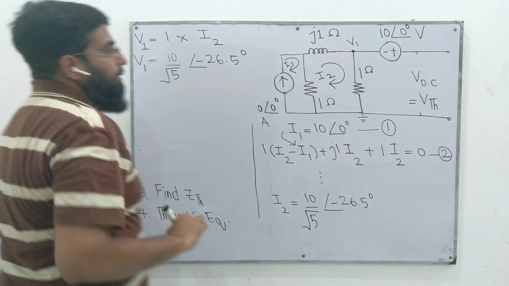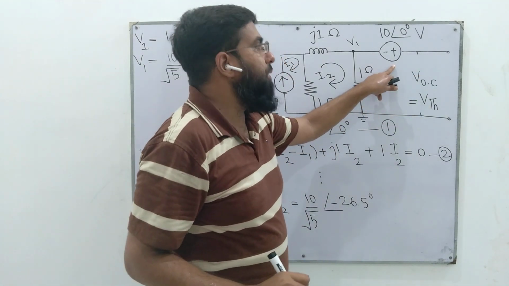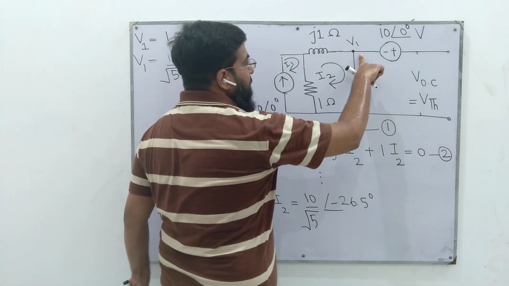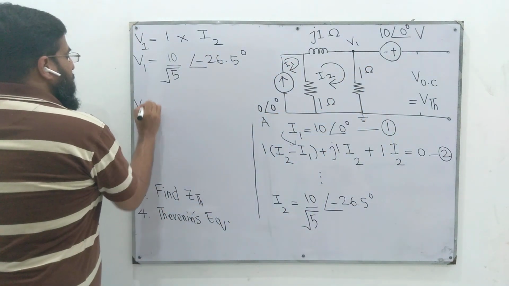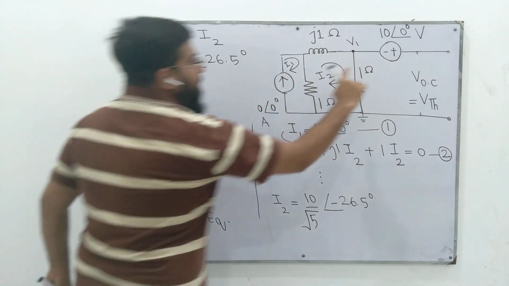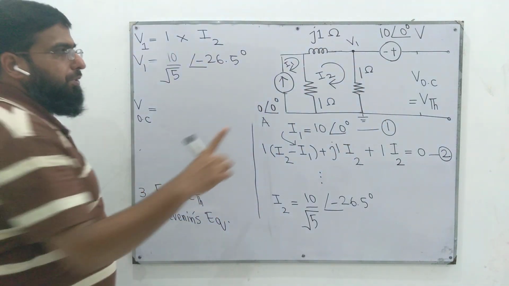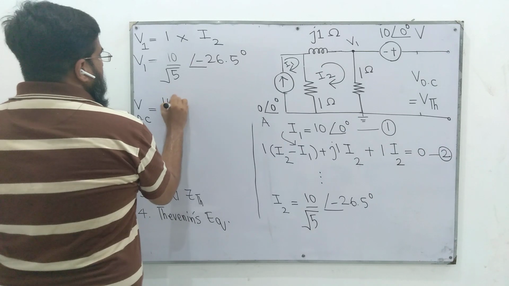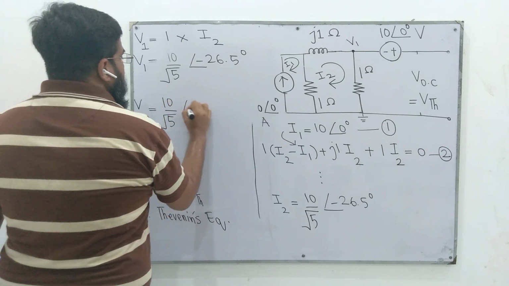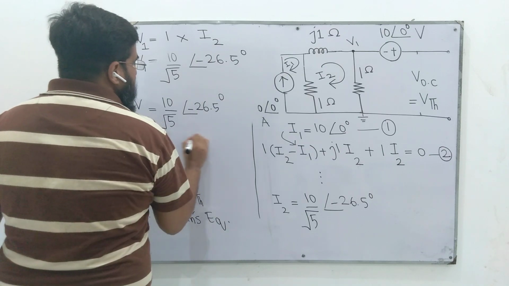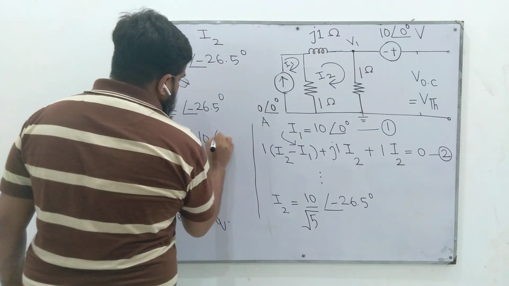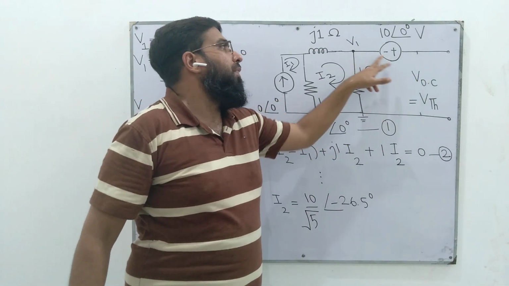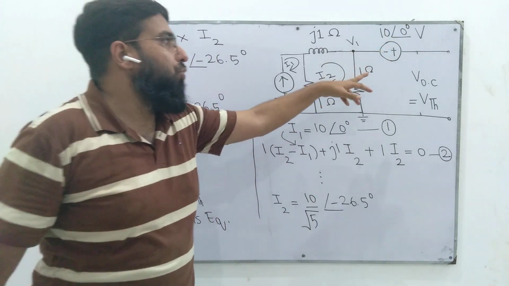Now, VOC or Thevenin is the voltage on the positive side of this voltage source. The voltage on the negative side of this voltage source is this. So what should be the voltage on the positive side of this 10 volt source? Of course, the voltage at its negative end plus its magnitude. 10 over square root of 5 at an angle of minus 26.5 degrees plus 10. So the voltage at the positive end of the voltage source is the voltage at its negative end plus its own voltage.